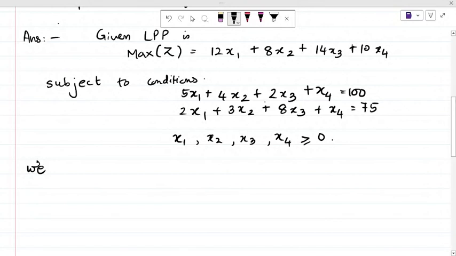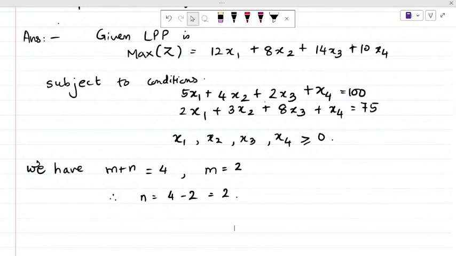We have m plus n as 4. These are the total number of variables. So the total number of variables is 4, and m is the number of conditions. Two conditions are there, so m equals 2. Therefore n equals 4 minus 2, which is 2.